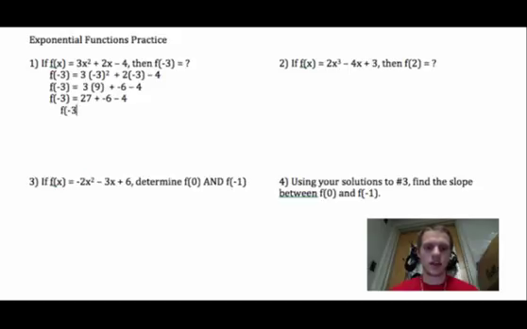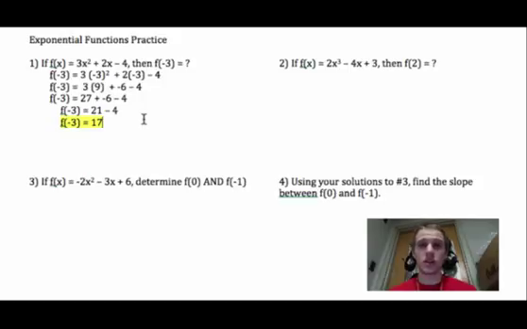F of negative 3 equals 27 plus negative 6 gives you 21 minus 4. And your last step, f of negative 3 equals 17. This is your final answer. F of negative 3 equals 17.